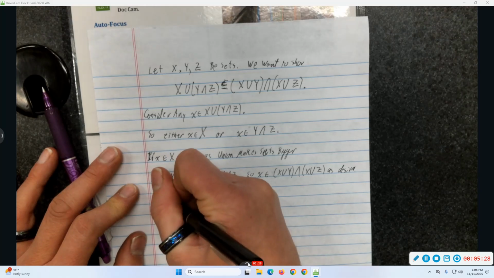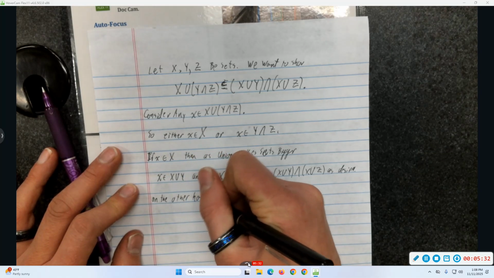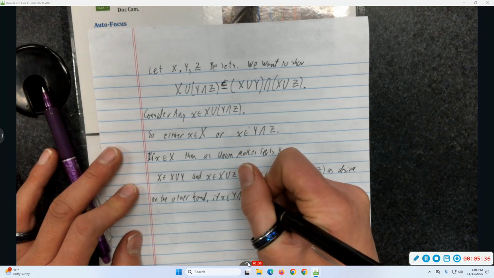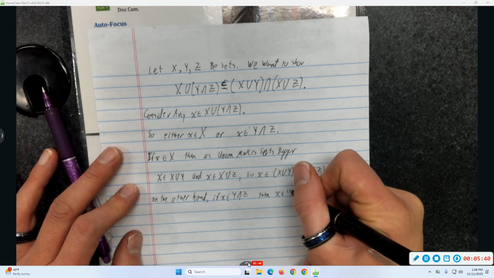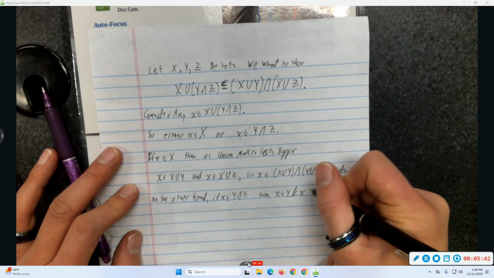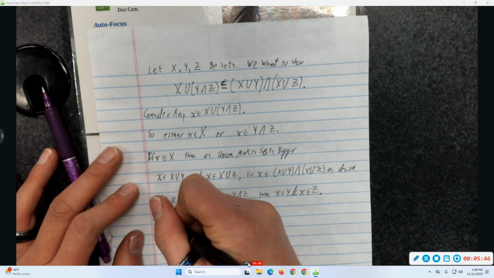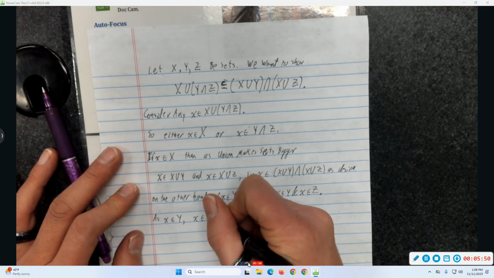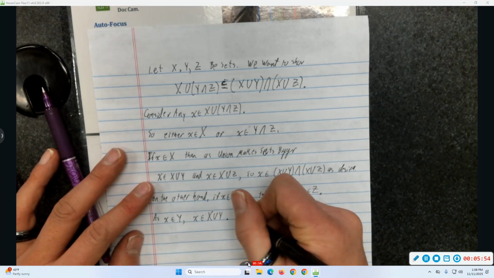On the other hand, if x is in Y intersect Z, then x is in Y and x is in Z. As x is in Y, x is in X union Y, again because union makes sets bigger.